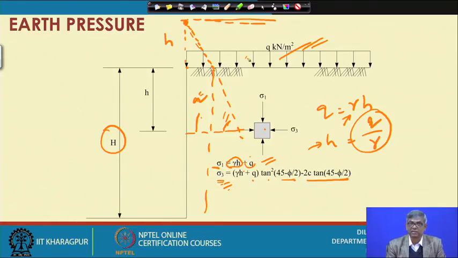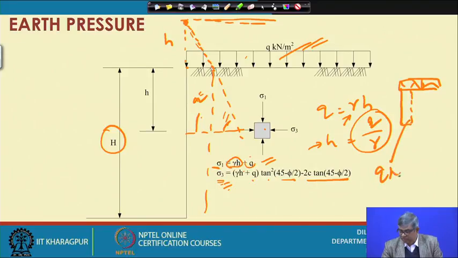So that means even if there is not a C-phi soil, if there is a surcharge, what you have to do, if there is a wall here and surcharge is there, then the pressure diagram will have, because of this surcharge, a diagram equal to Q times Ka, and then because of the soil, Ka times gamma into H. These two together will be the pressure.